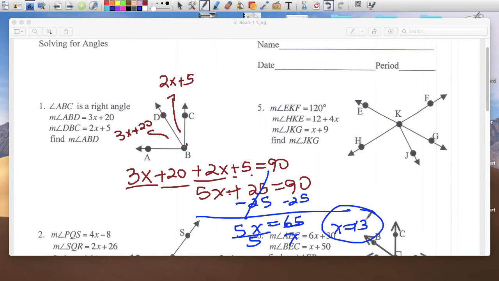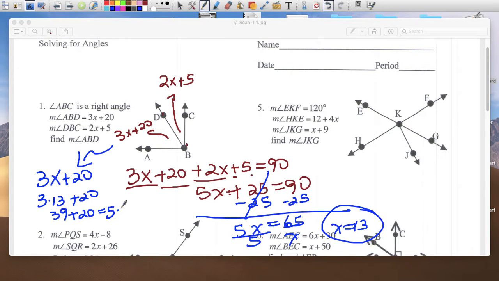So we want to find the value of the angle. Now I have to take that 13 and come here and replace it. Angle ABD, I'm interested in this angle right here. So that is 3x plus 20, and x equals 13. So it's 3 times 13 plus 20. 3 times 13 is 39, plus 20 is 59.